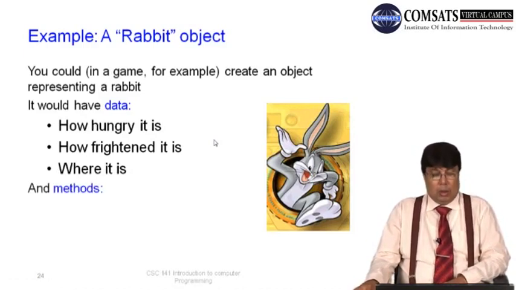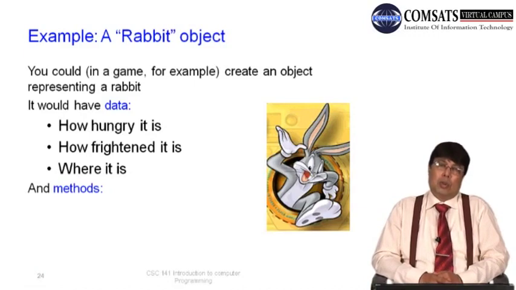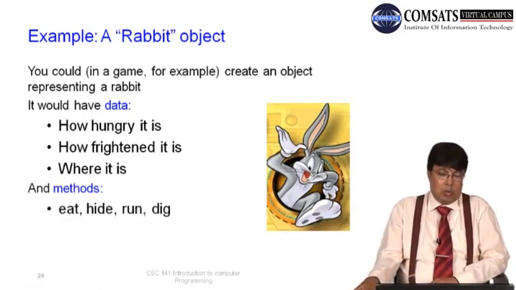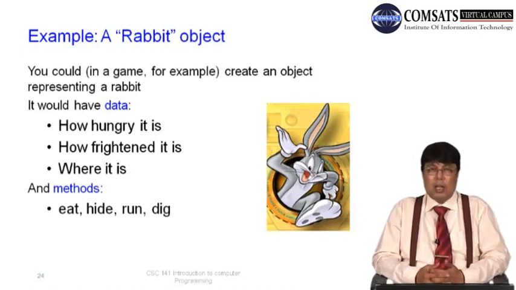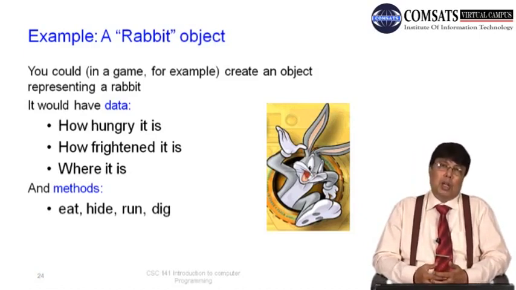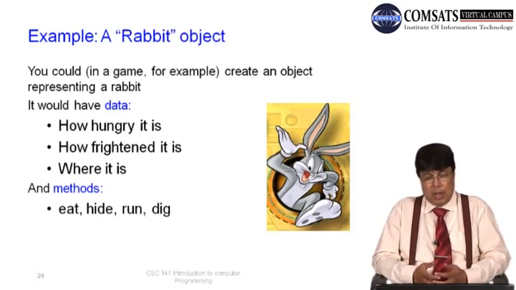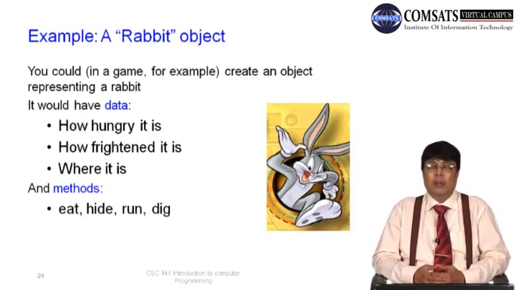Now we can attach certain methods to this rabbit object, and these methods could be eating, hiding, running, and digging. So this object can perform certain operations. The rabbit could be eating, hiding somewhere, running in a lawn or anywhere, or digging the earth.